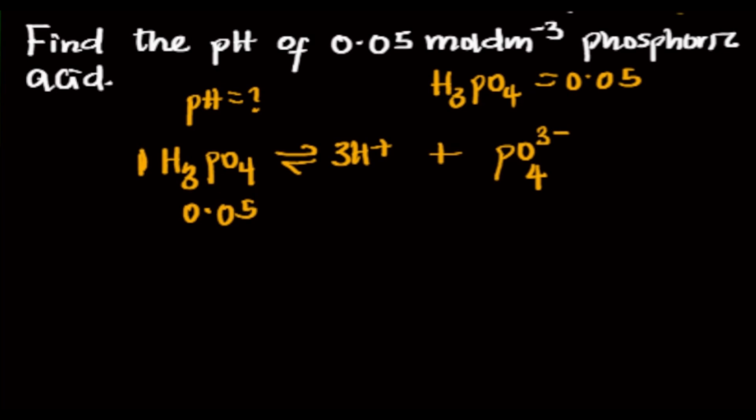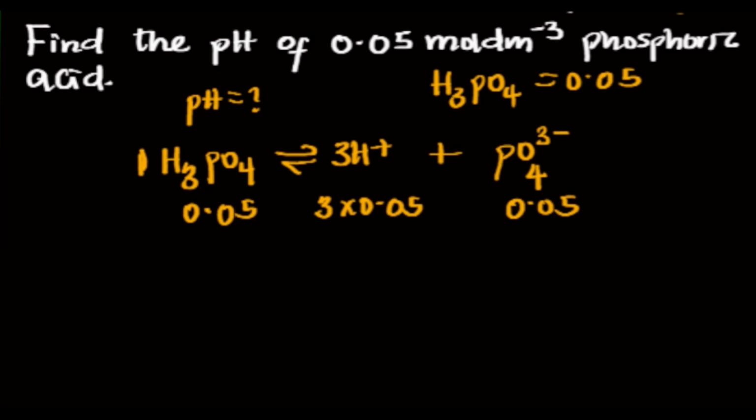It's going to undergo dissociation to give 3 multiplied by 0.05 of hydrogen ion, and also 0.05 of the phosphate ion. But in this case, the hydrogen ion is the one that is going to determine the pH of the solution, because hydrogen is the factor that can be used to determine the pH of that solution.